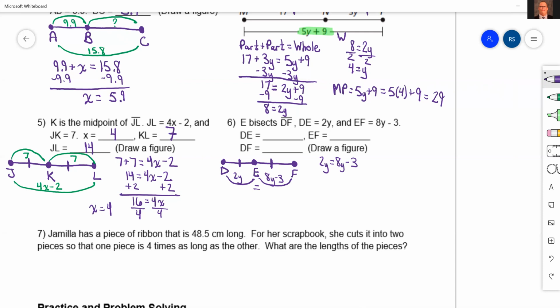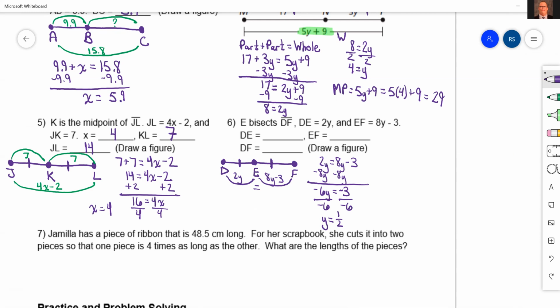I'm going to subtract 8y. It's going to give me negative 6y equals negative 3. Divide by negative 6. And we're going to see that y equals, that reduces, negative divided by negative is a positive. So I'm going to have positive 1/2.